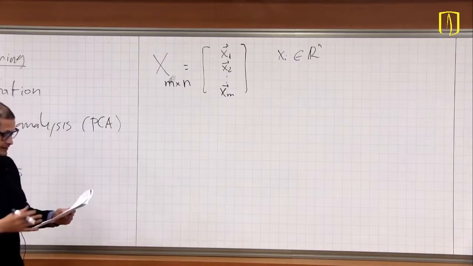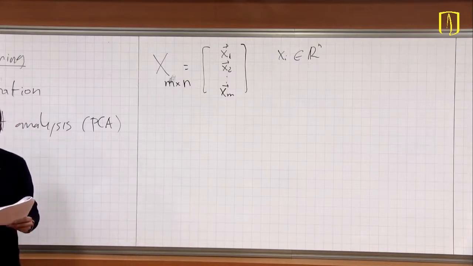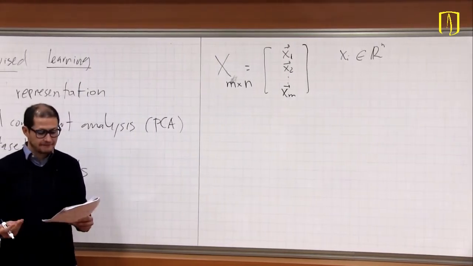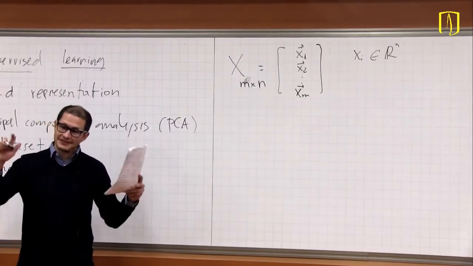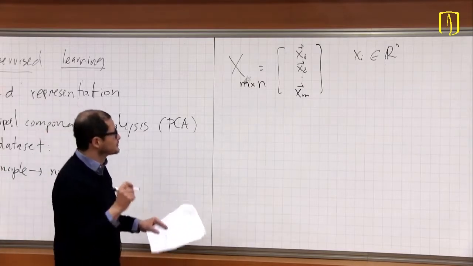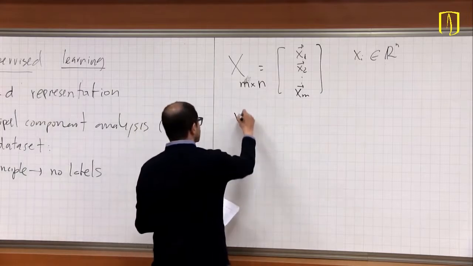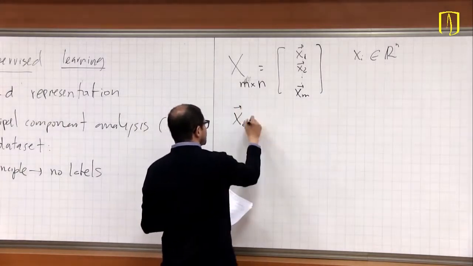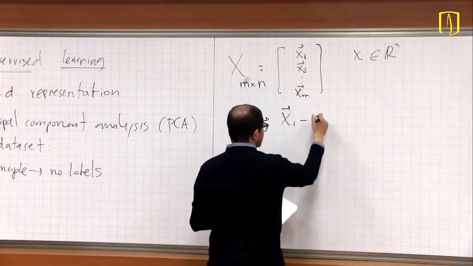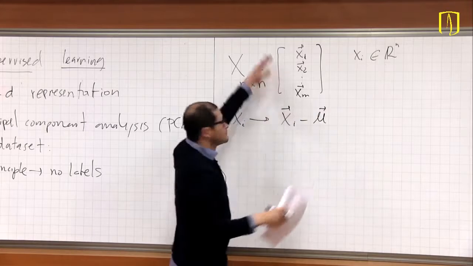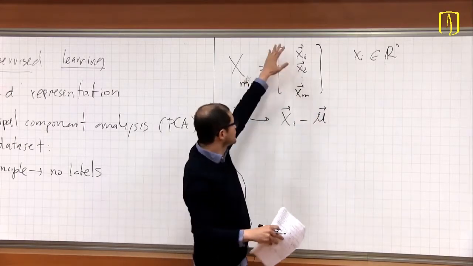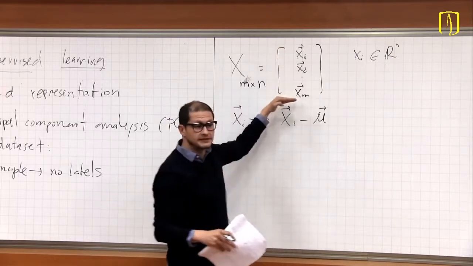That's my data set. How are we going to extract this important information, or structure, in the data? First we're going to shift these vectors xi by subtracting the mean vector over the entire data set, the average of these vectors.